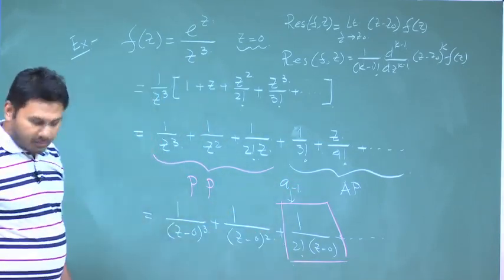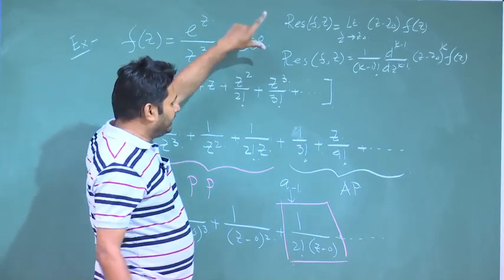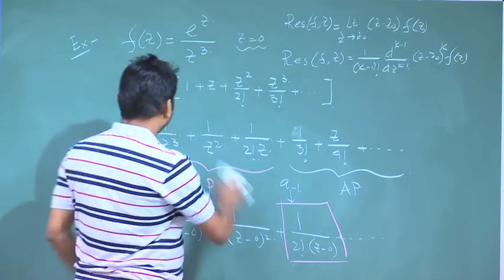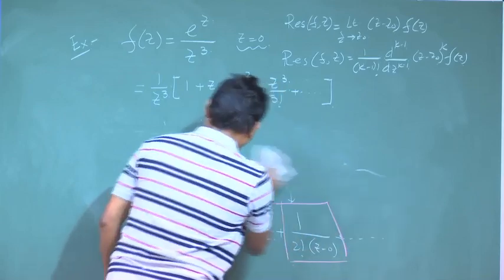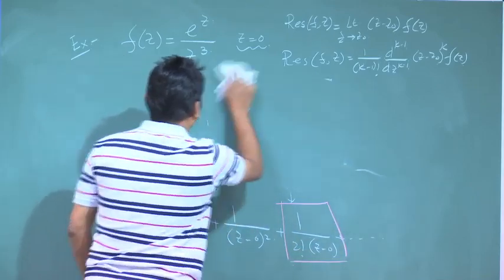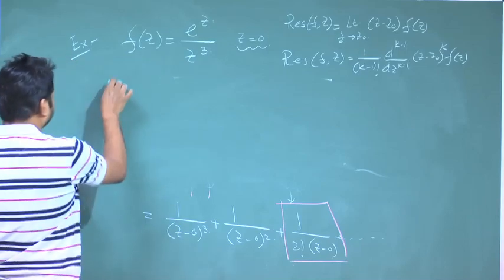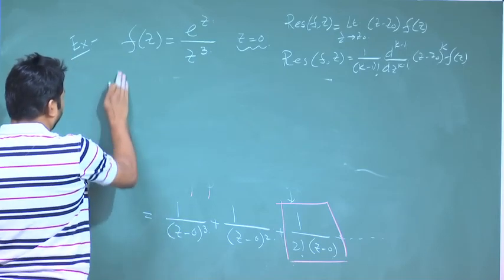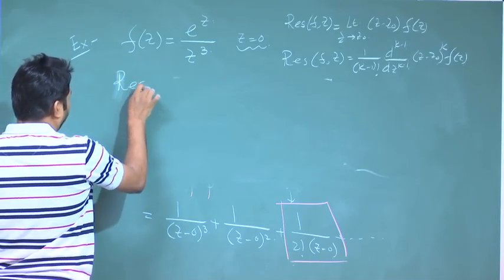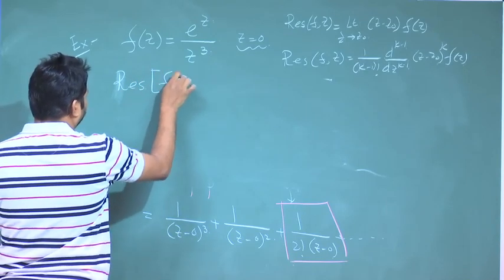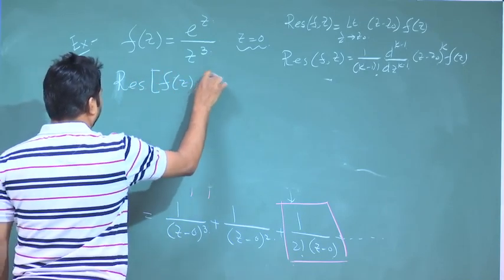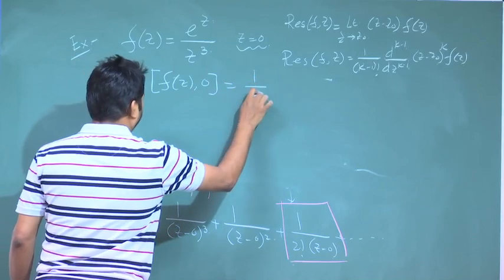So without blindly putting this formula, by just expanding, I can also find out the residue, and in this case the residue of this function at the 0 point comes out to be half.